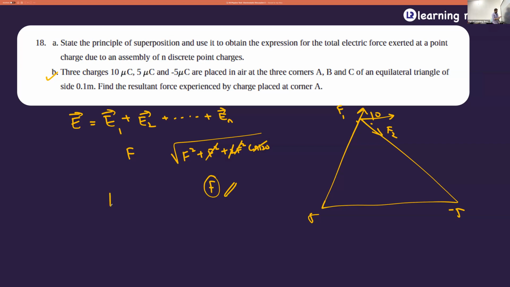So the answer should be K into 50 divided by R square. What is R square? 0.1 square, no? 1 by 100. It will go to the numerator. So this will be 9 into 10 power 9 into 50 into 100.